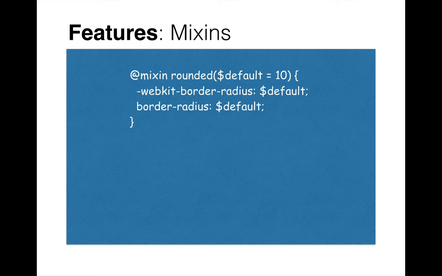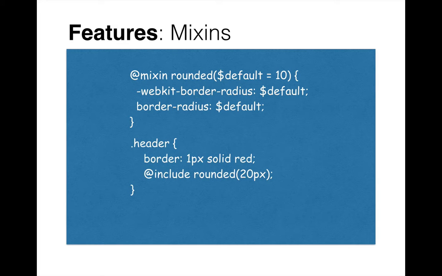Here in this mixin called rounded, I will get some information from somewhere in my Sass file, and with this information I will create border radius attributes. The default equal 10 means that if I don't send some value, the standard value will be 10 pixels in this case. And this is how you can use it.